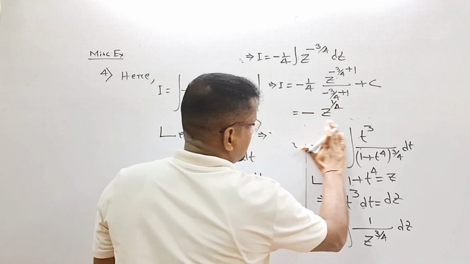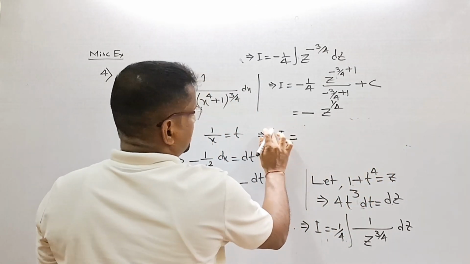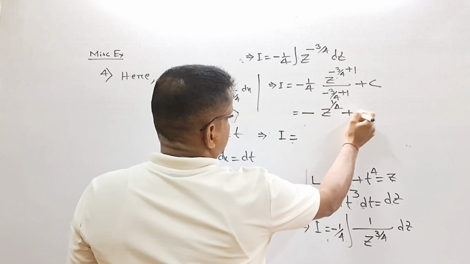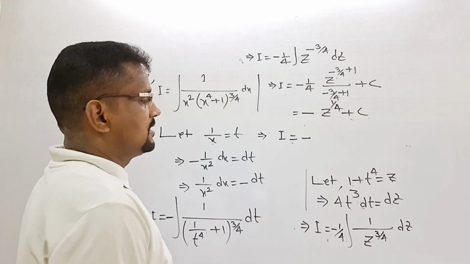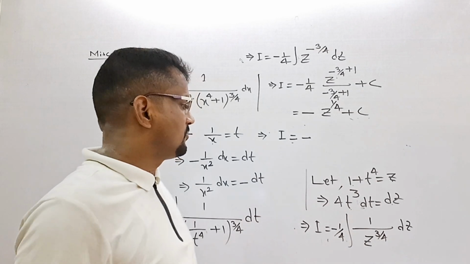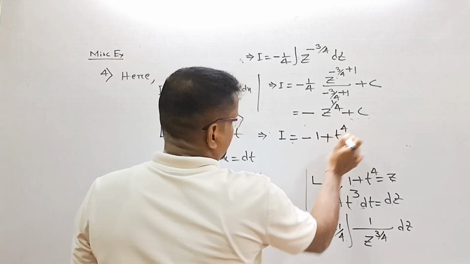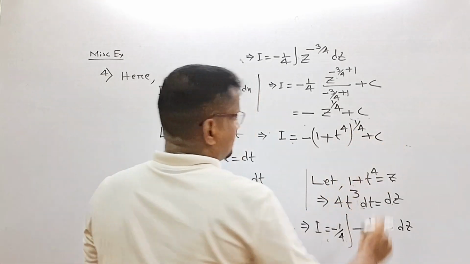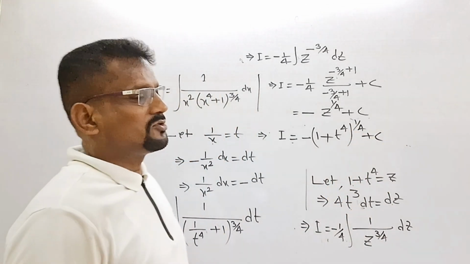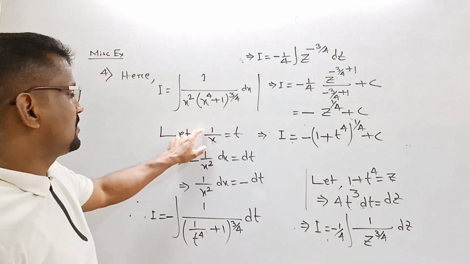This we will get. After that, finally I will be equal to minus z to the power 1 by 4 plus c, and z is your 1 plus t to the power 4. So let me put minus 1 plus t to the power 4, whole to the power 1 by 4, plus c. But originally it was in terms of x. Then what is t? t is 1 by x.